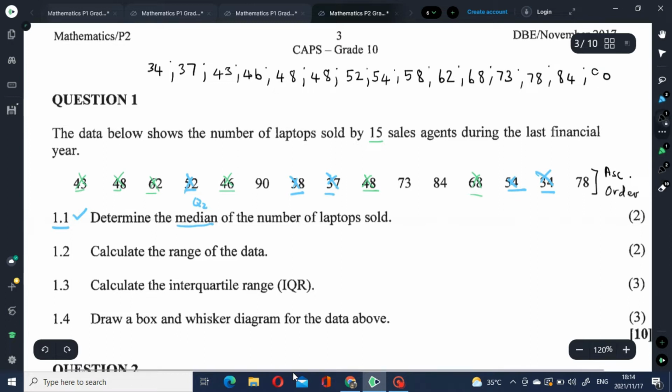So from the data set provided, we need to find the position of the median. There's a formula that we use to find the position, and the formula is as follows.